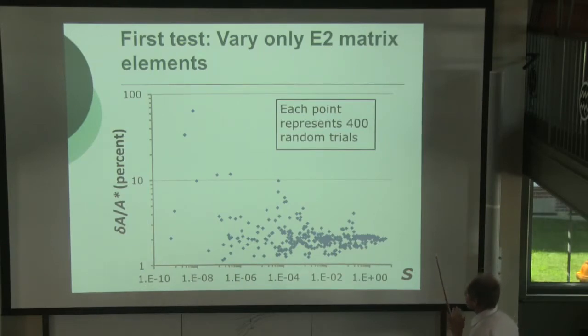Here, what I'm showing is the root mean square deviation, or a measure of uncertainty in the results. Each point, again, is one transition. But now it's an RMS deviation over 400 calculations in this case. And of course, all these values are positive.